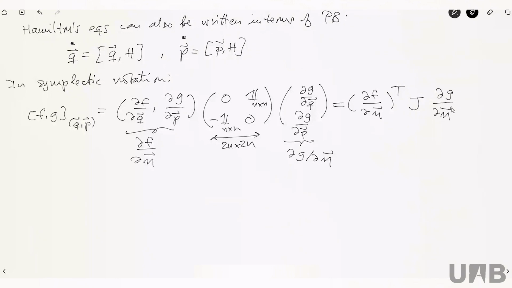Now, in components, this is obviously partial of F with respect to eta A, J A B, partial of G with respect to eta B. Agreed so far? Okay, yes.